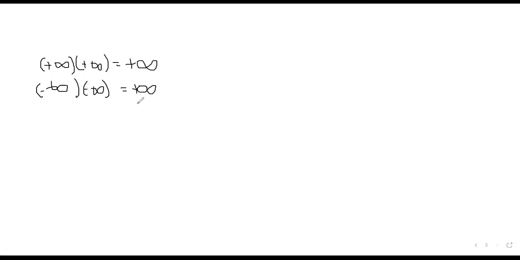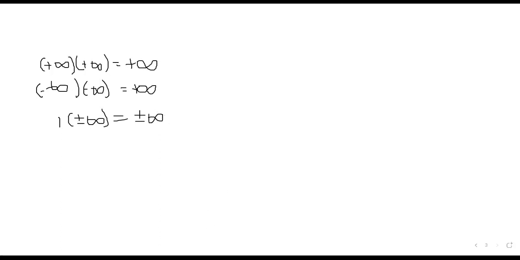As you can see, the rule still holds that multiplying two negatives gives a positive. Another same rule as in real numbers: when you multiply positive or negative infinity by 1, it is the identity, so positive or negative infinity is still the result.